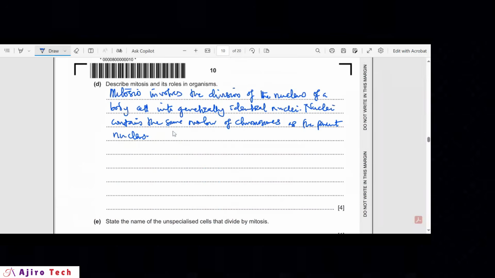So afterwards, we should talk about each daughter cell.